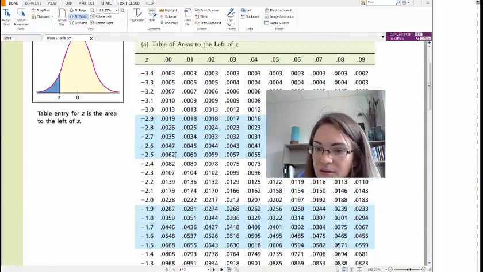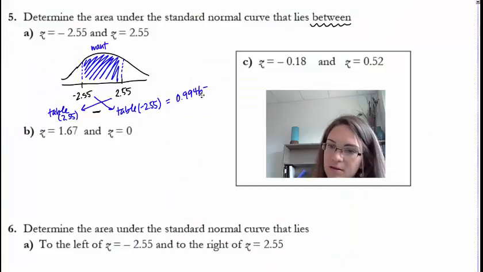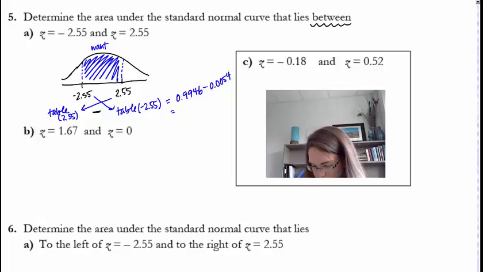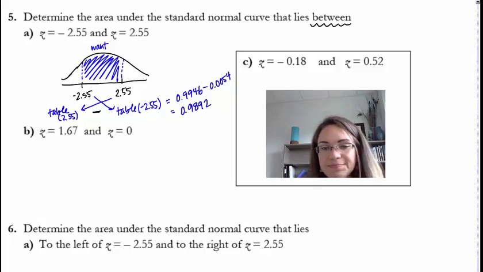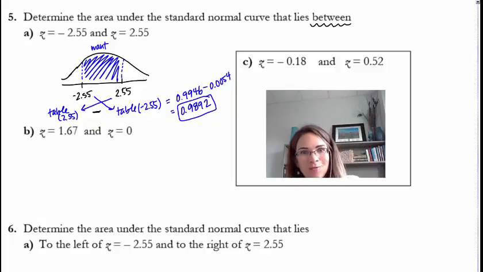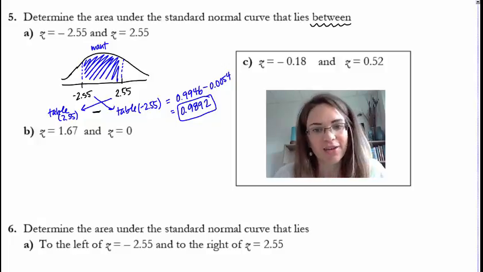This is my row, and my column is here, 0.0054. That gives an area between the two of 0.9892. That's taking the area to the left of the rightmost value minus the area to the left of the leftmost value.